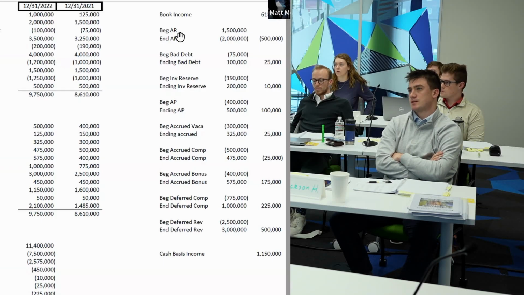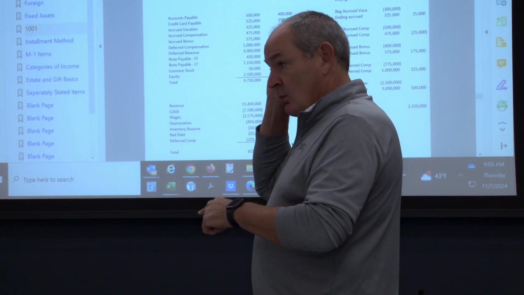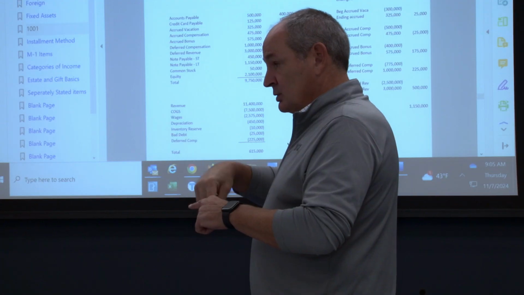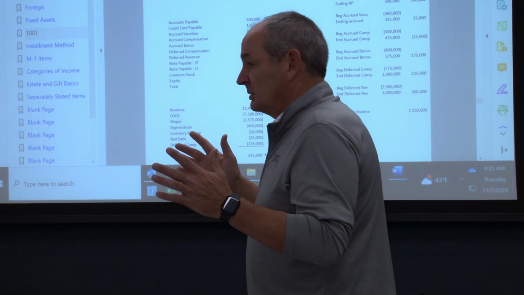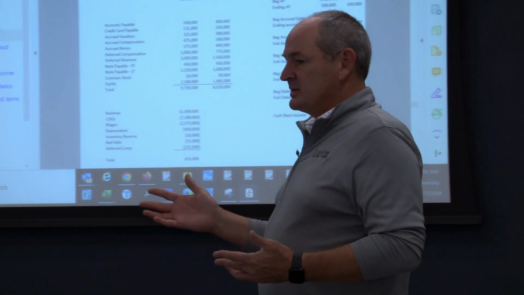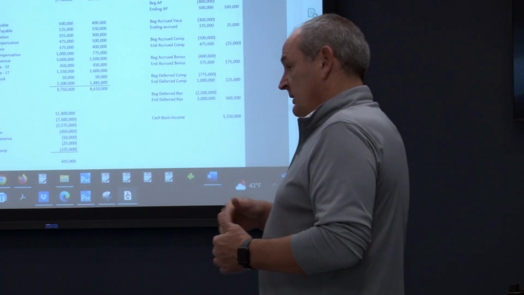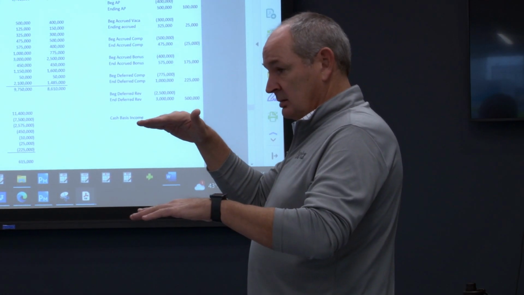So knowing the signs and why the sign's there in the M1, that's something that would be useful to know. Because, wait a minute, I'm flexing the account. Well, exactly how are you flexing the account? You have to be smart enough to go, for the AR, it's an add for the beginning and a deduct for the end.